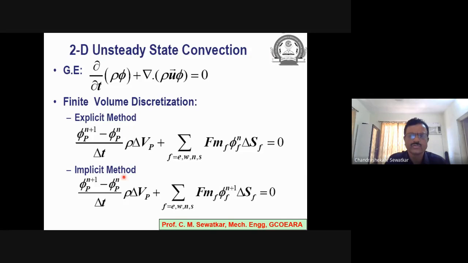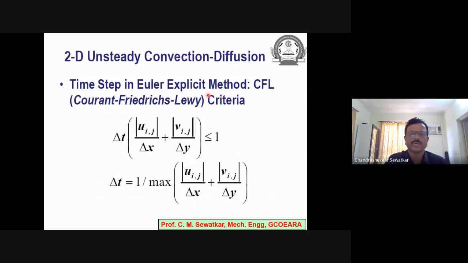So there are two ways to obtain the solution to an unsteady state problem, implicit and explicit. For the explicit method, we have a stability criterion, as we have seen in the earlier case also. There is a stability criterion for the conduction problem also. This stability criterion is called the Courant-Friedrichs-Lewy criterion. It is delta t into mod of uij upon delta x plus mod of vij upon delta y should be less than or equal to 1.